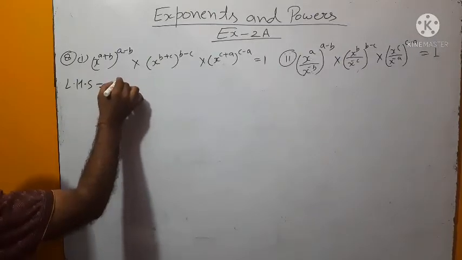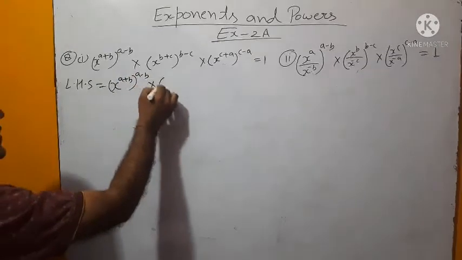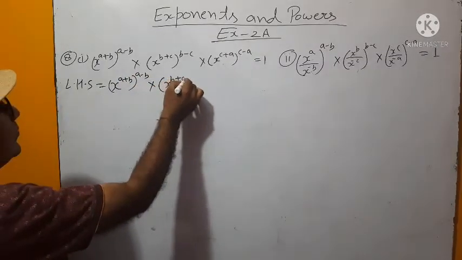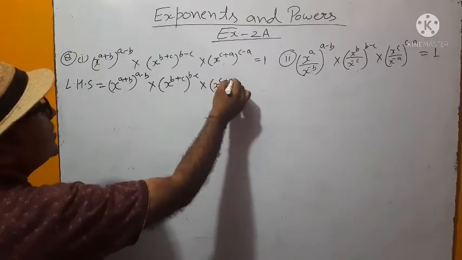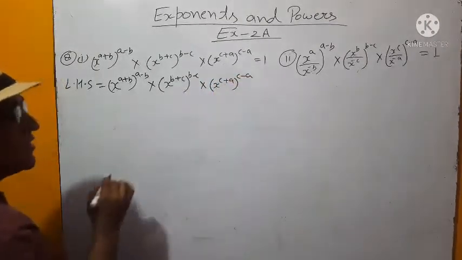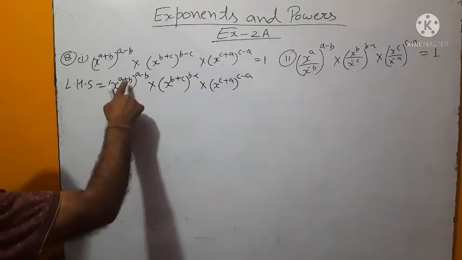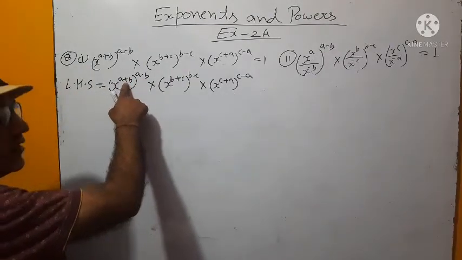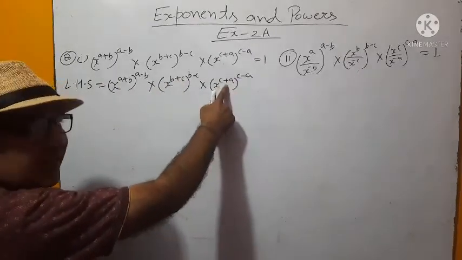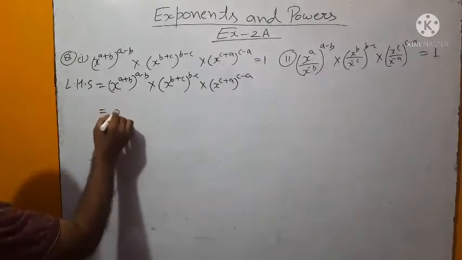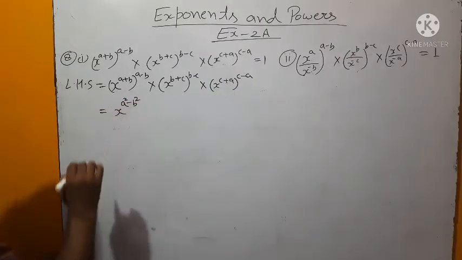So write it down. (x^(a+b))^(a-b) into (x^(b+c))^(b-c) into (x^(c+a))^(c-a). So first we will solve here. Exponent over exponents are multiplied. So you can write here x to the power a square minus b square.